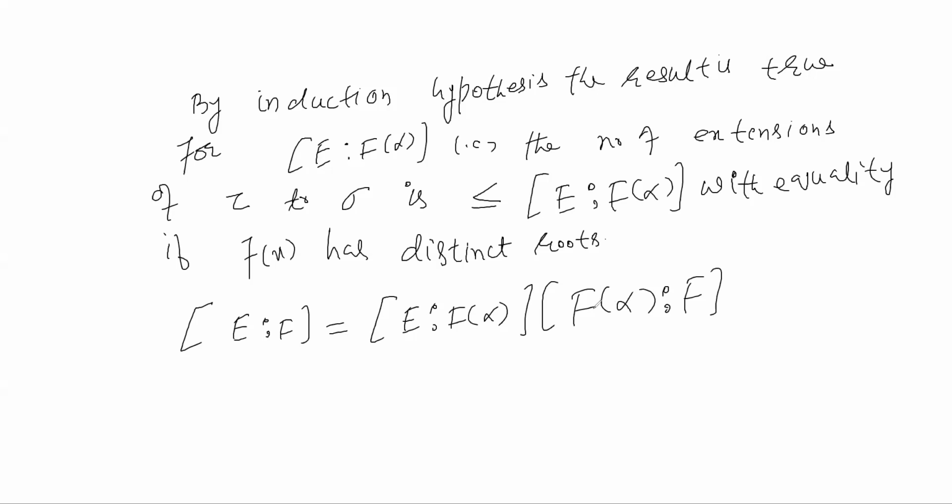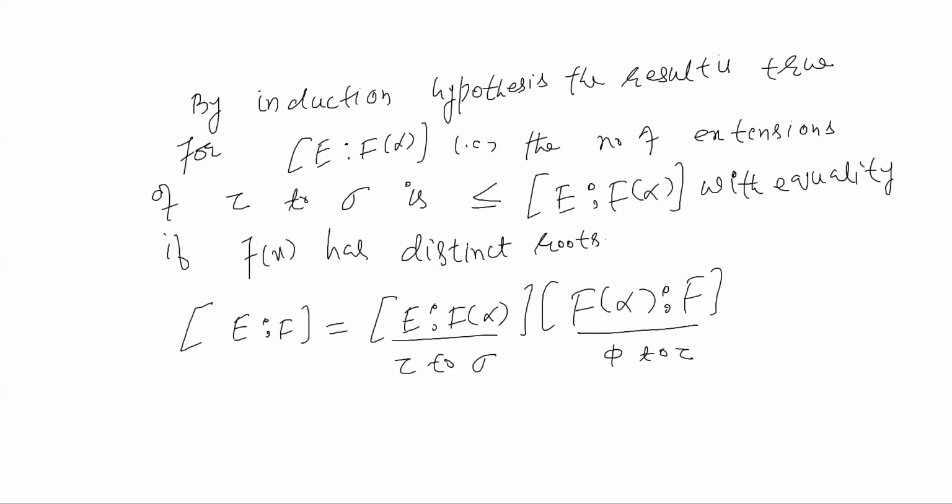So it follows that the number of extensions from phi to sigma is actually phi to tau, and tau to sigma. So this thing represents the number of extensions phi to tau, and here you have tau to sigma.